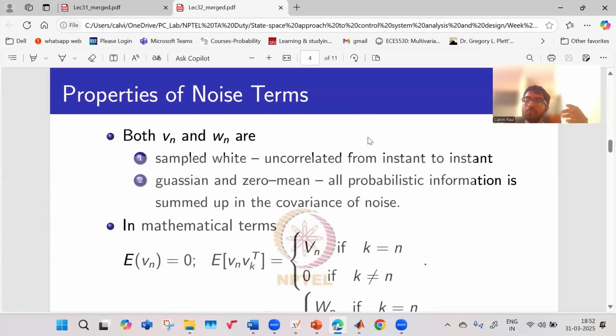These are some properties of the noise terms. The noise is white, uncorrelated from instant to instant, Gaussian and zero mean. All probability information is summed up in the covariance of the noise. The statistical information for a Gaussian is given by the standard deviation as well as the mean, and here the mean is assumed to be zero.